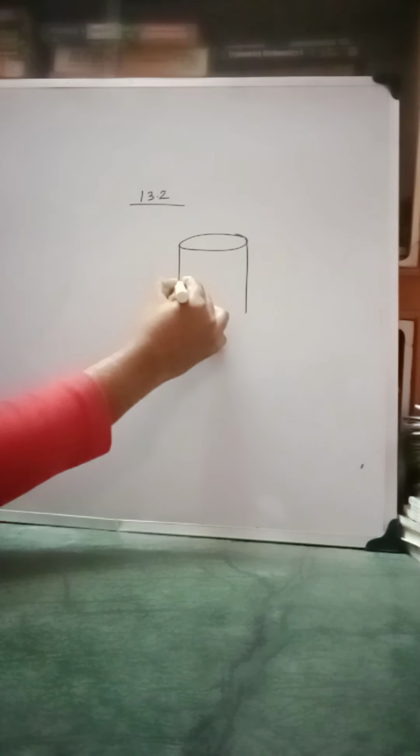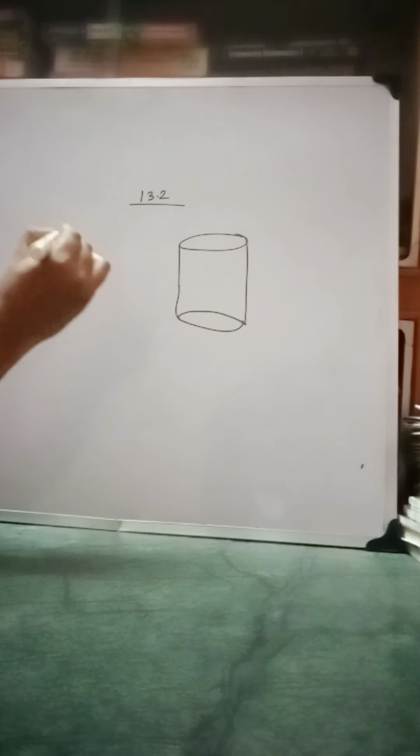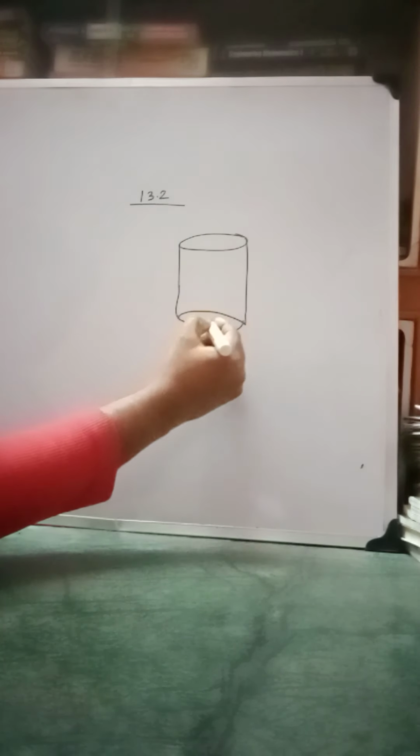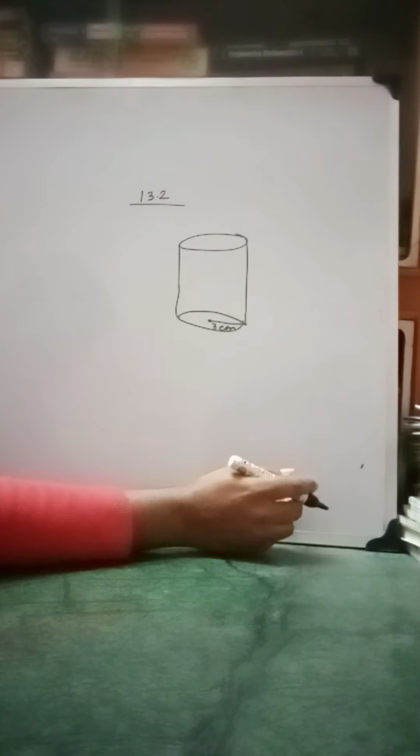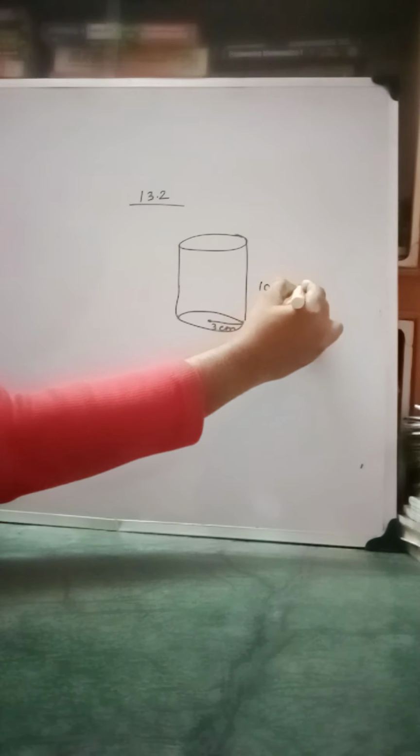So that means 35 competitors are there to prepare the pen holder, and we know always a pen holder is in cylindrical shape, cylindrical pen holder it is mentioned. Here we can hold the pencil like these things, and this radius is given 3 centimeter and the height is given 10.5 centimeter.